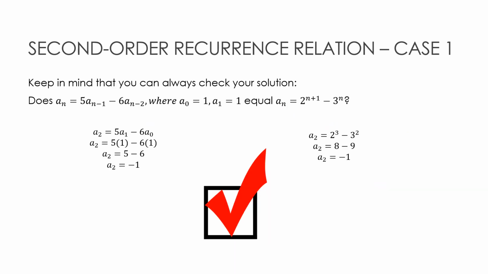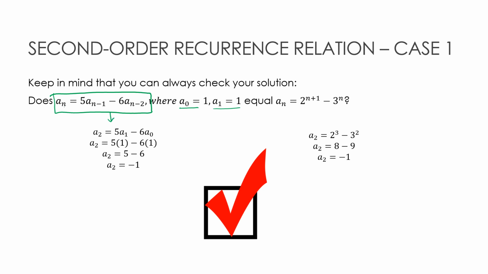Keep in mind that it is never a bad idea to check your solution. So how do I check a solution? Well, I would use this formula, which I know is correct because it was given to me at the beginning, to find, say, the next value in the series. So obviously I have a sub 0 is 1, a sub 1 is 1. I'm trying to find a sub 2, so let's do that here.